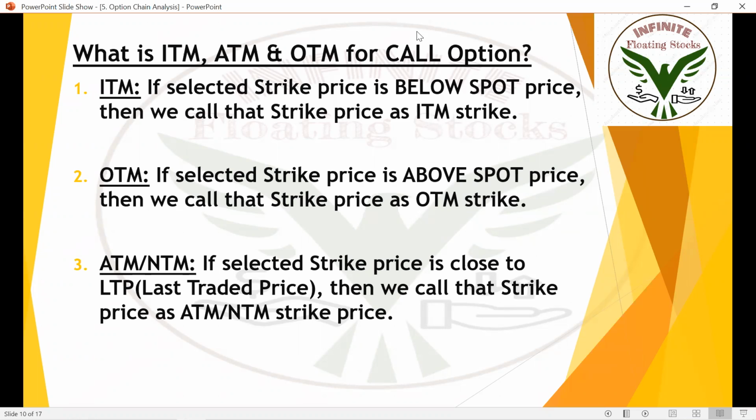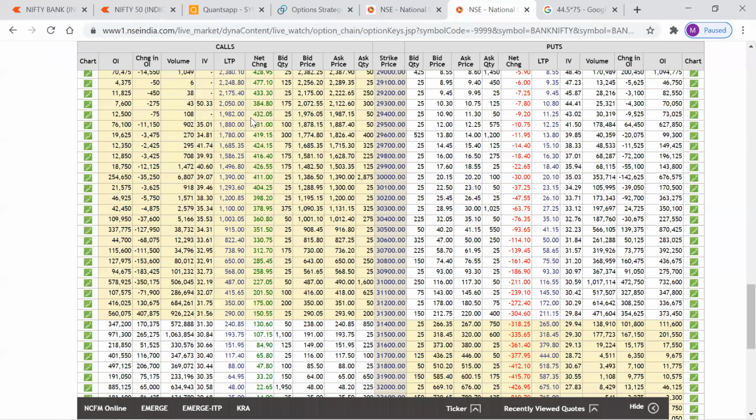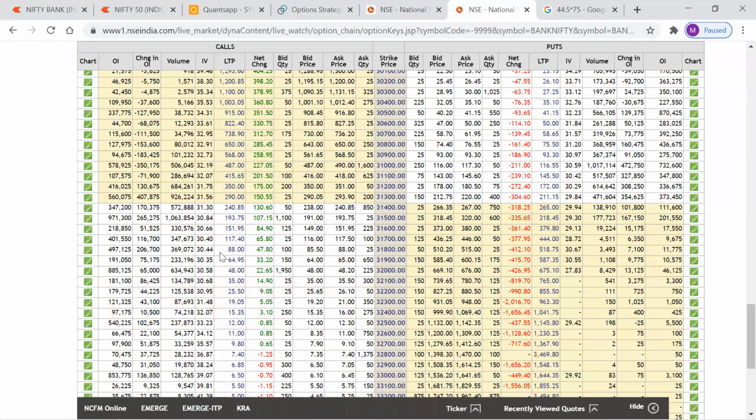We are dealing with calls. Calls is nothing but the left side of the table. So this is the left side of the table, nothing but calls data. If it's yellow field, it's in the money. If it's white field, then it is called out of the money. So this is the spot price or at the money strike, which is 31,300 or 31,400.